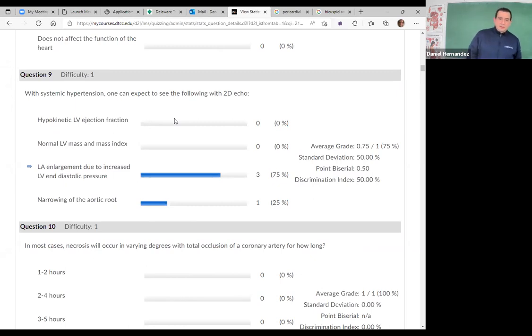In addition, we also worry about the potential for dissection. And then we also worry about damage to the aortic valve itself, as well as hypertrophy of that left ventricle.